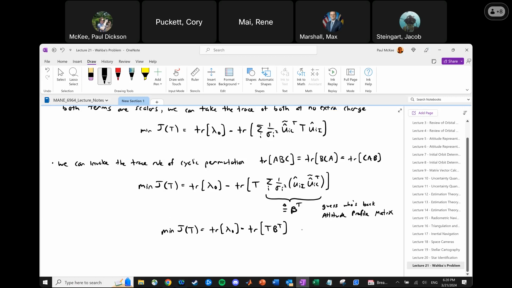So now we're going to recall all the way back from when we first learned about quaternions, because we are about to go into quaternion land in a minute here. Recall that you can take a quaternion and turn it into an attitude transformation matrix by this equation.